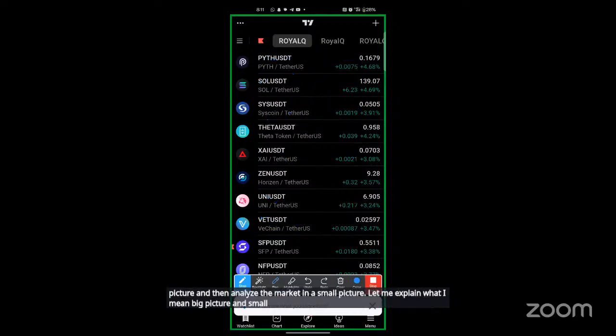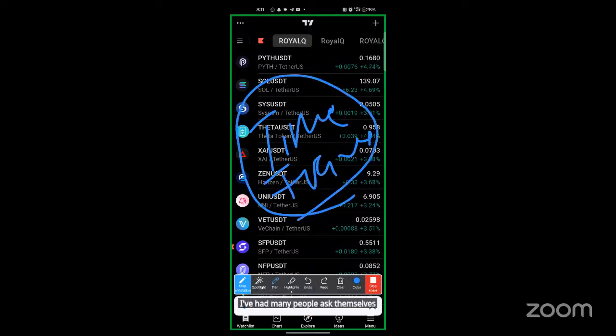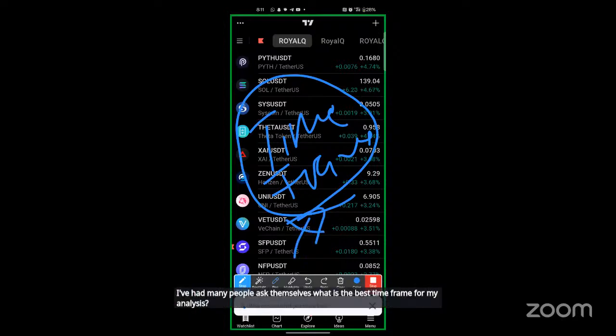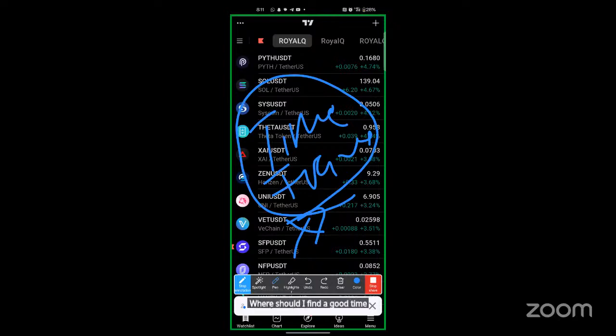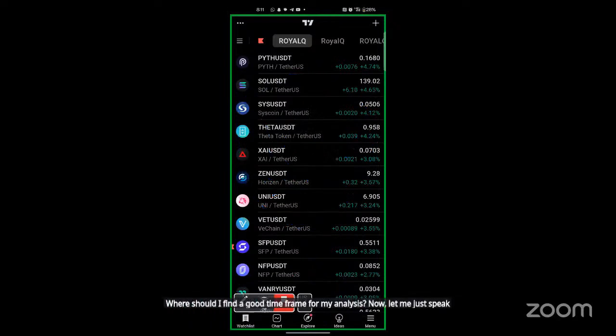Okay, let me explain what I mean by big picture and small picture. This is basically time frame. I've had many people ask themselves, what is the best time frame for my analysis? Where should I find a good time frame for my analysis? Now, let me just pick any coin of my choice.